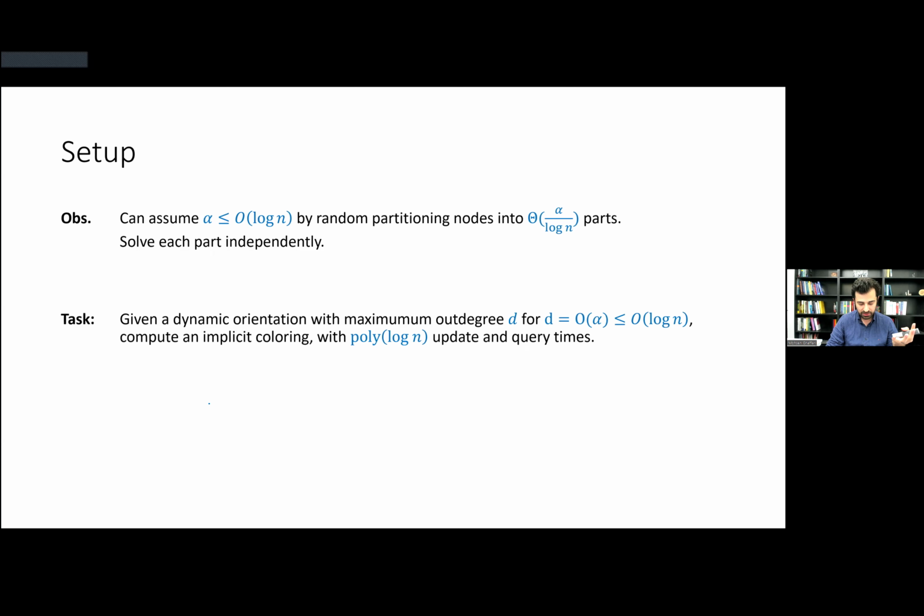The task for us, given that there is already a good solution for dynamic orientation, is that there's this subroutine that gives access to an orientation with maximum out degree, which I'm going to denote D. And D is going to be order of alpha. And alpha we know is not going to be too large, at most order of log n. And we want to use this dynamic orientation to get coloring in polylog n query time.